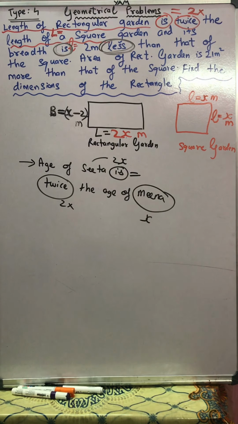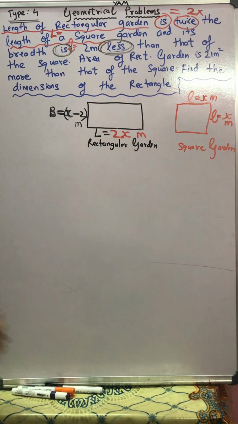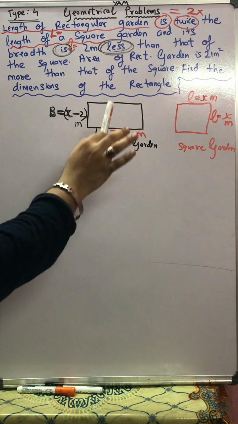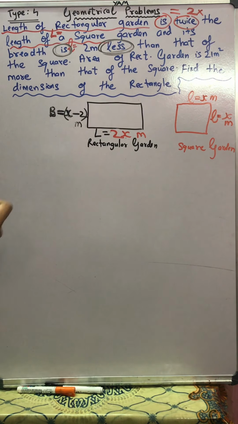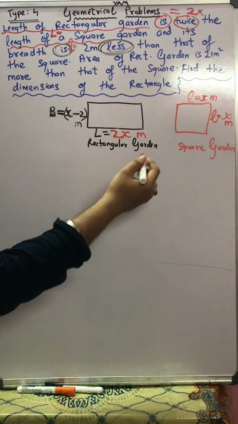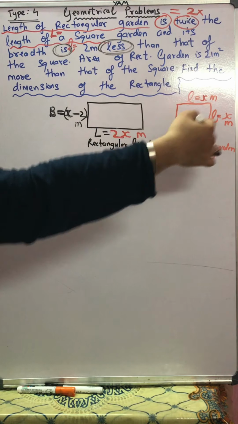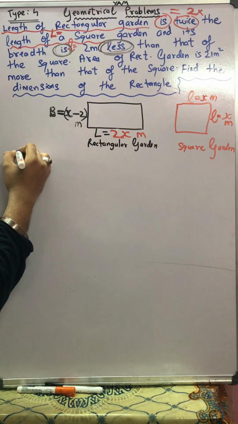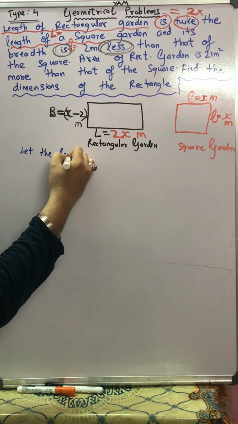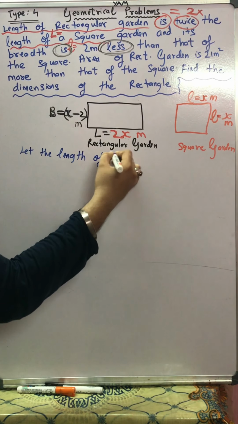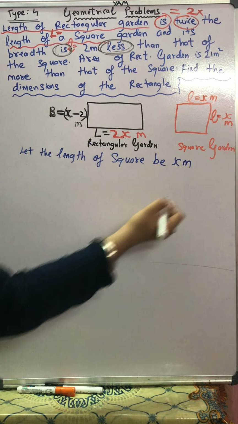Okay students, let's start with the solution. Whatever we did on the diagram, the same thing I'll be representing in the statement. The very first thing we did was assuming that the length, or breadth, or the dimension of the square be x. So let the length of the square be x meters.